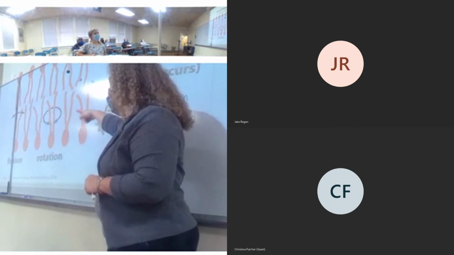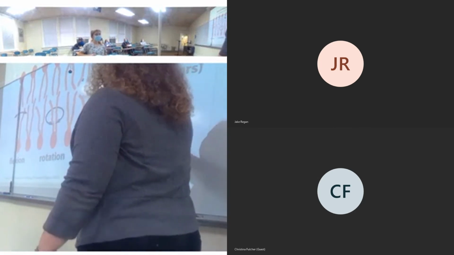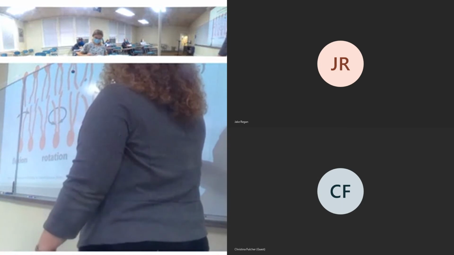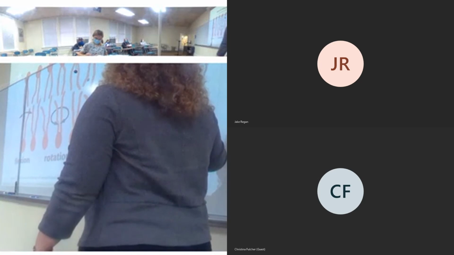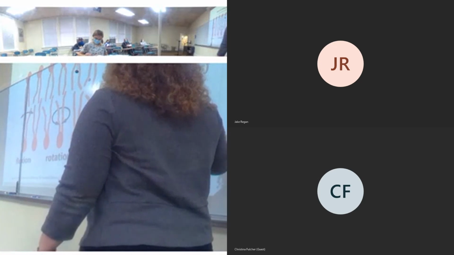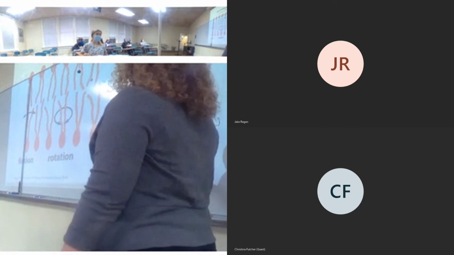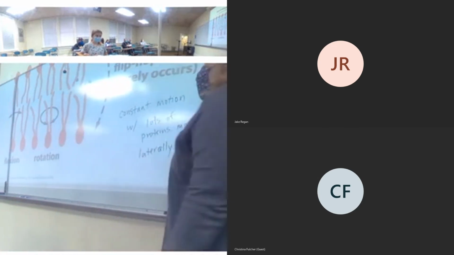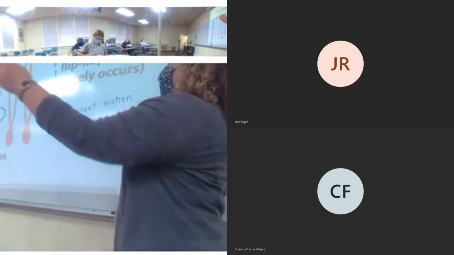You've got these membrane lipids moving in different ways, and not shown here, but you have lots of proteins in the fluid mosaic moving laterally as well.